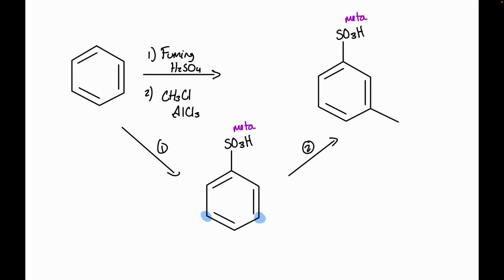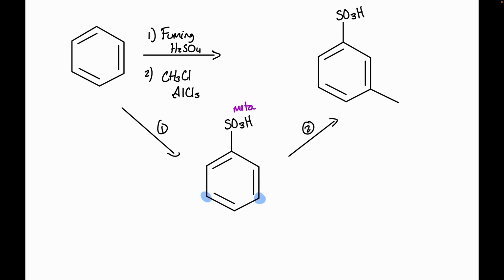Cool? Again, important to remember, the incoming substituent doesn't get to decide. It's what's already on the ring that is going to direct the incoming substituent to one of those particular carbons.